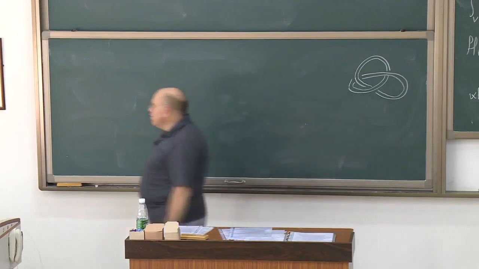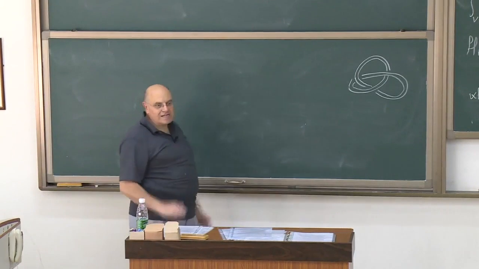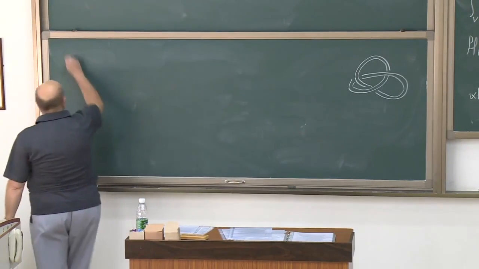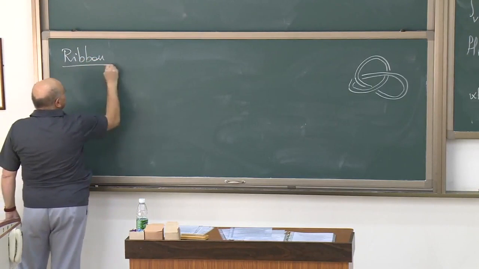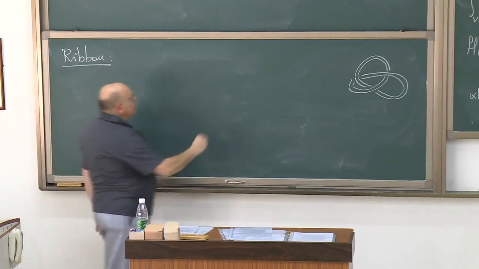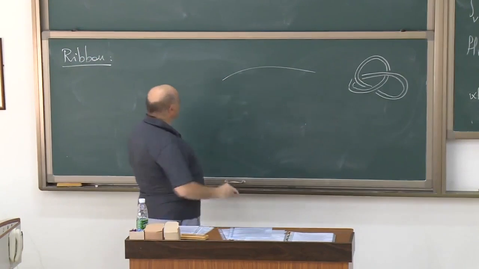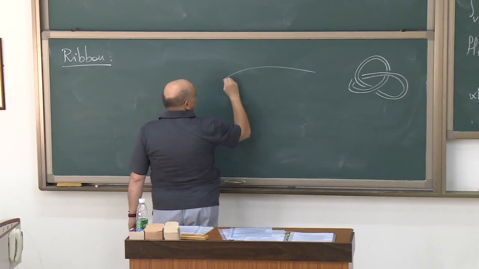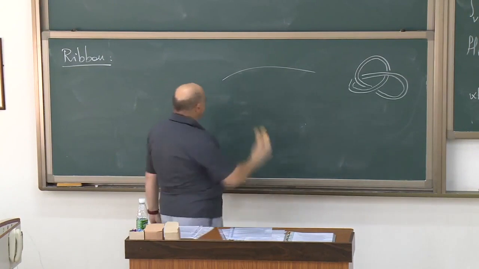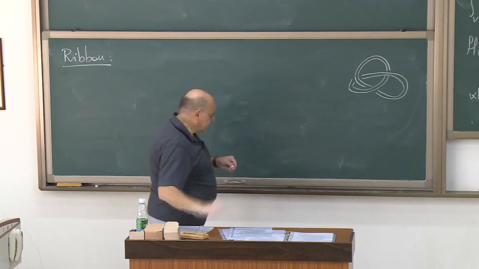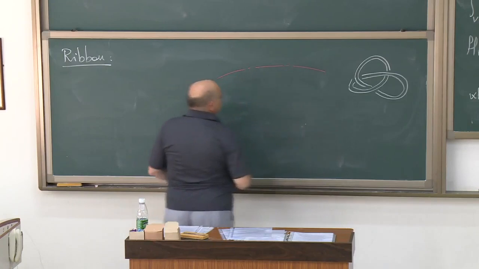Okay, so what can be done is the following. We can construct a ribbon. And the ribbon is what I already drew. A center line, let me draw the center line in red, is probably better. So we have a center line here, one curve.